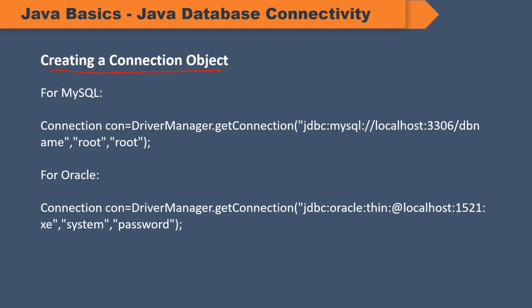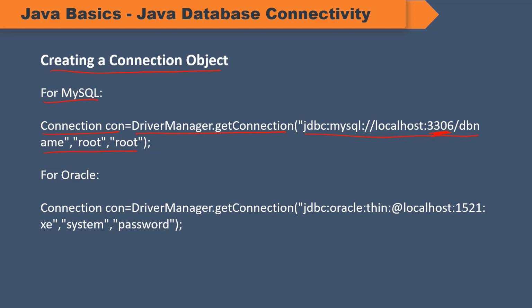And once the driver class is registered, then, this is the second step, we have to create a connection object. For MySQL, the connection object is Connection con = DriverManager.getConnection, and this is the database server URL. We have to give jdbc:mysql://localhost:3306, because 3306 is the port where the MySQL database will be running.